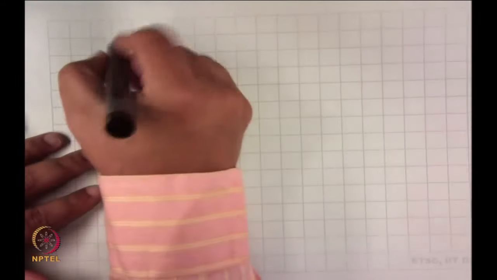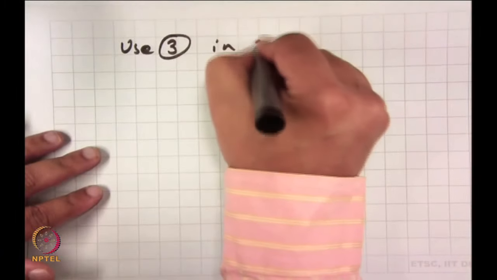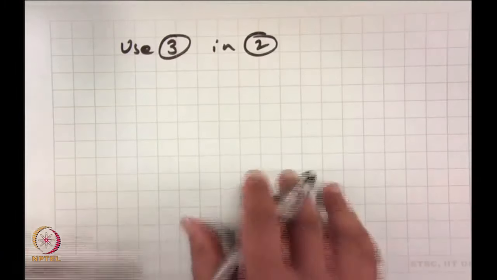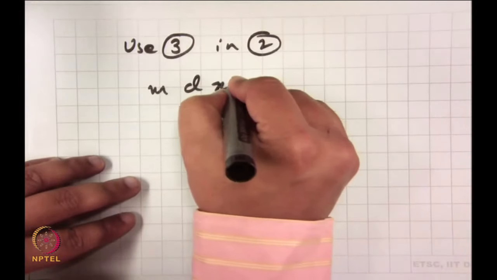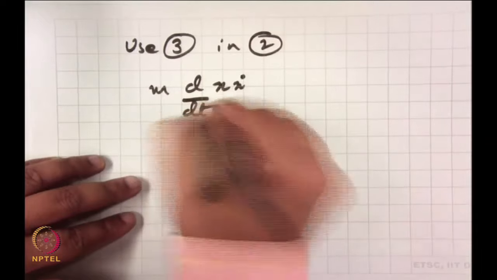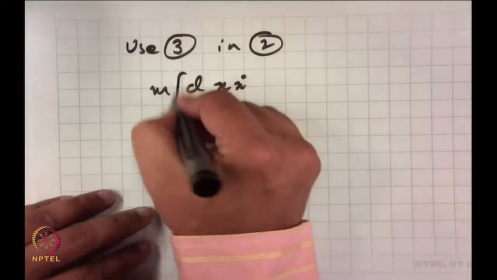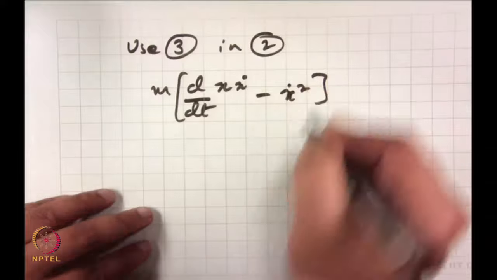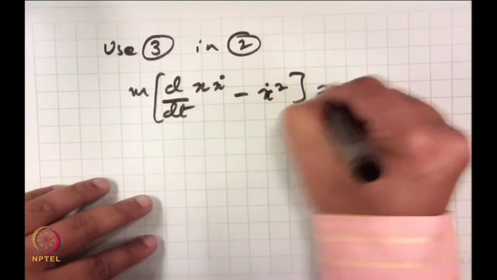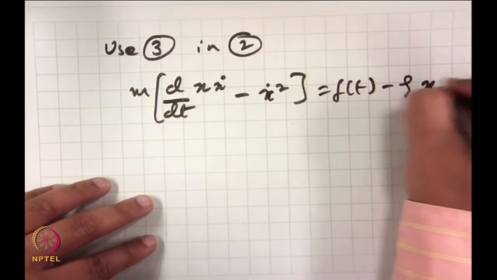Then I will use 3 in 2, and what I will write is m d of x x dot over d of t, that is what I replaced it by, minus x dot squared, is equal to f of t minus xi x x dot.